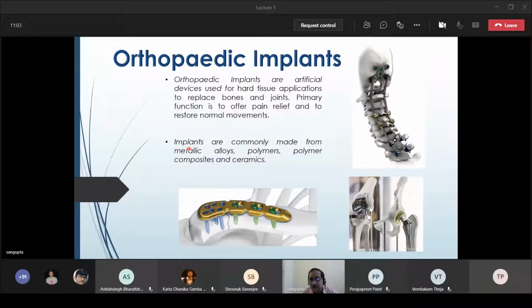There are not many varieties of metallic alloys as biomaterials, and why that is so we will discuss a little later, because there are certain major requirements of biocompatibility. Biocompatibility is a major requirement of a successful biomaterial for application in orthopedic implants.